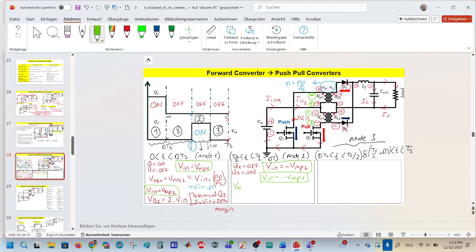V_NS1 should be equal to V_NS2. We assume that the winding numbers of NS1 is equal to NS2. They should be symmetrical. We have the same amount of voltages on the secondary side, and again we can use minus input voltage times turns ratio.